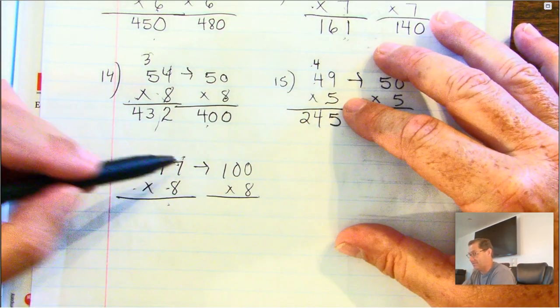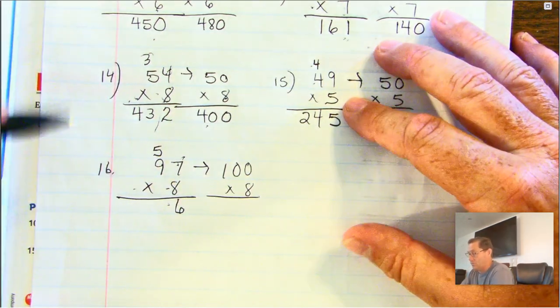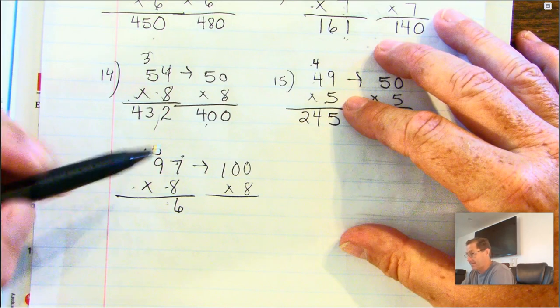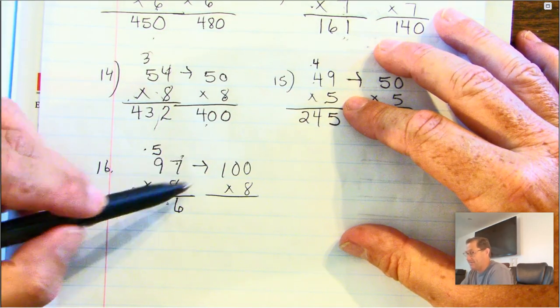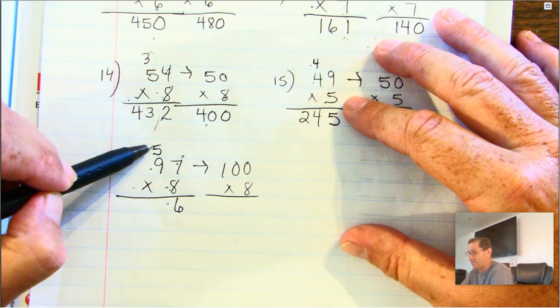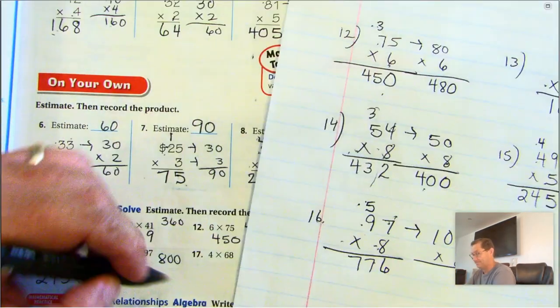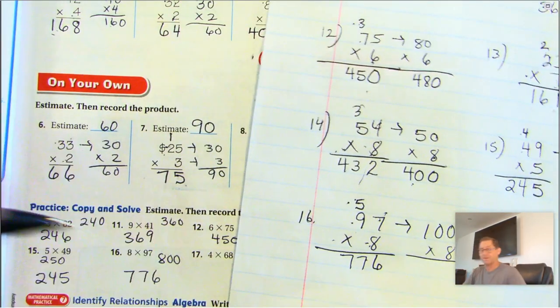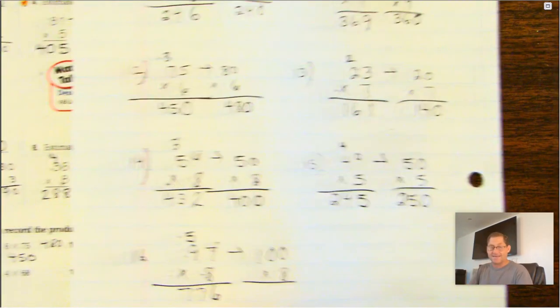I'll regroup 50 of those ones as 5 tens. 8 times 9 tens is 72, plus 5 regrouped tens gives me 77. And that's close to 800, so that's number 16. Number 17, 68 times 4.